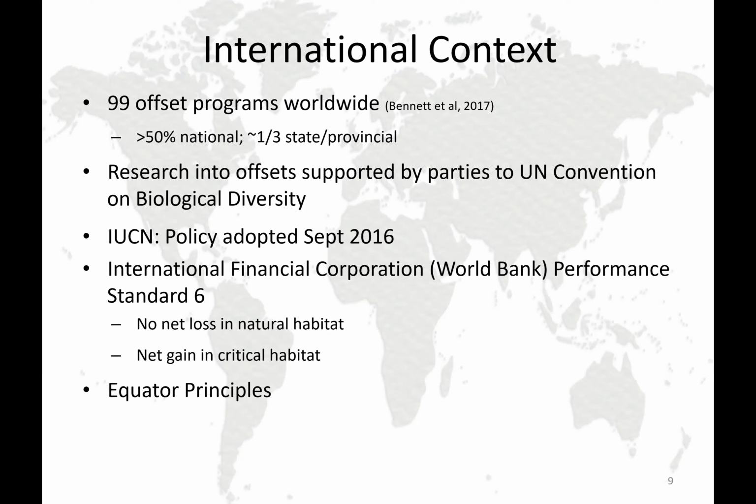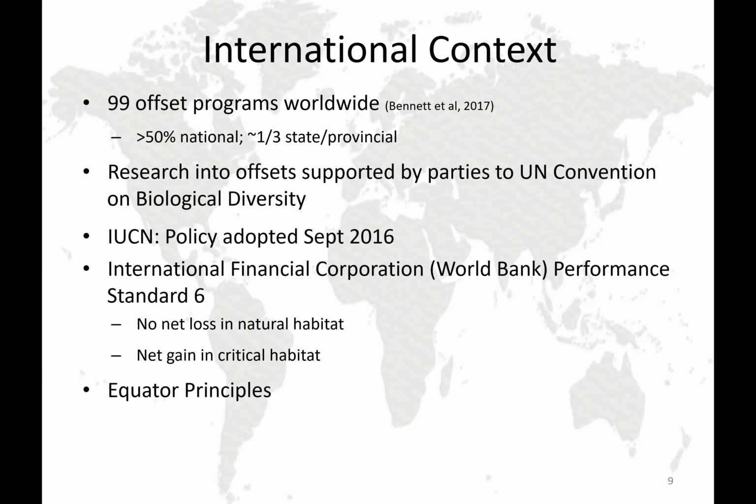The parties to the UN Convention on Biological Diversity have sponsored research into offsetting. The IUCN, the International Union for the Conservation of Nature, adopted a policy on offsetting, supporting it conditionally, leaning heavily on the mitigation hierarchy.